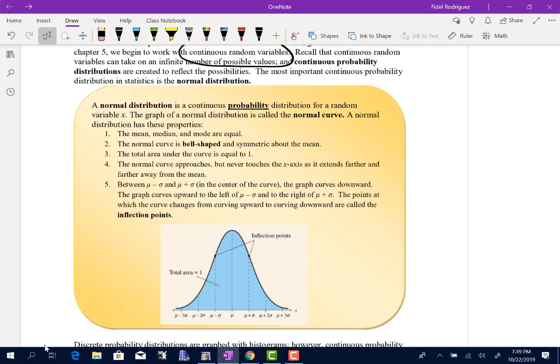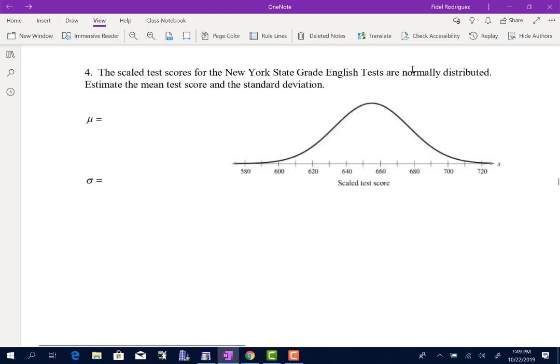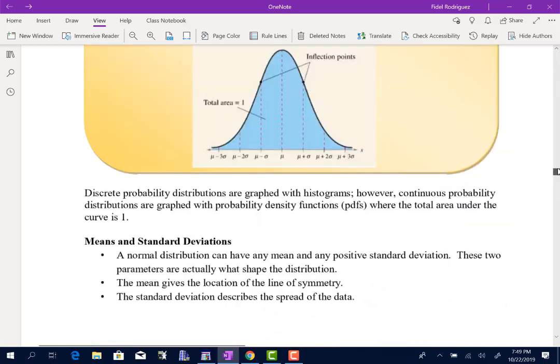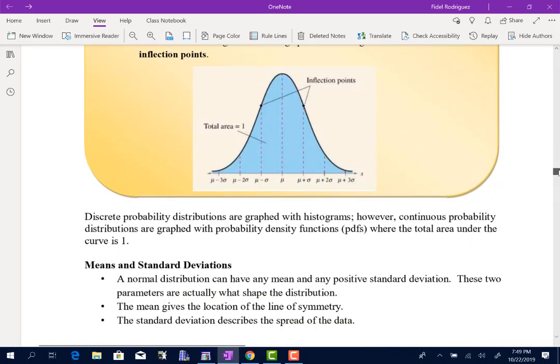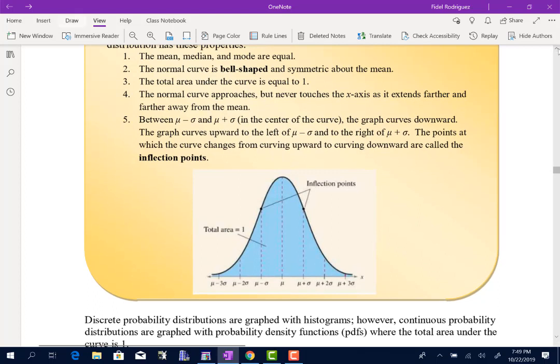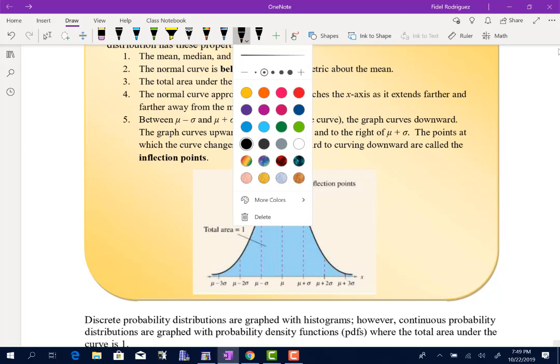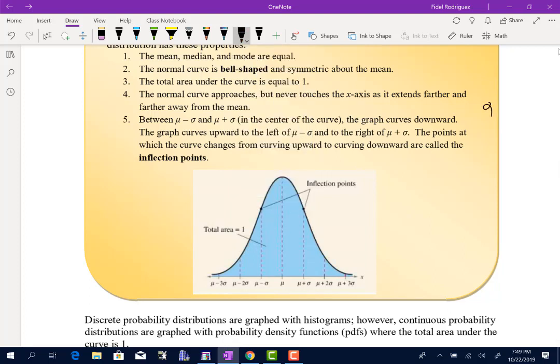So guys, one thing I want to point out here. Okay, one thing I want to mention, guys, is that this right here, remember what that symbol is?